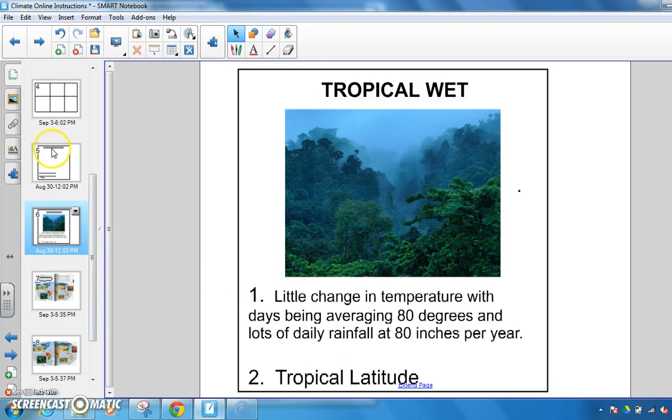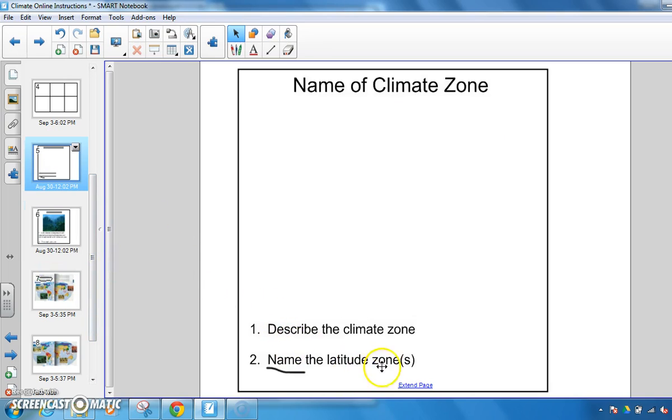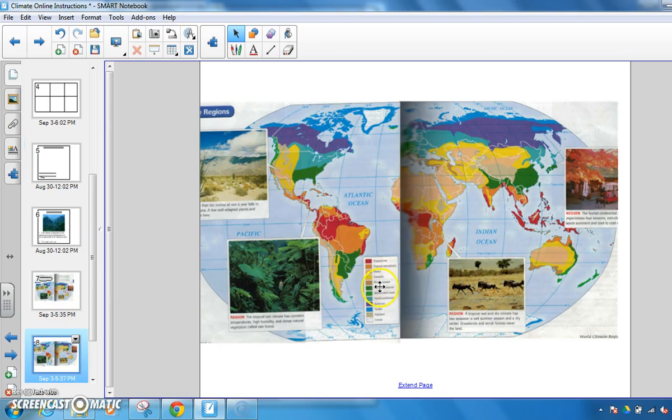Now keep in mind this, I have said that you have to name the latitude zone or zones. So let's use another example. Let's say that you've got a desert climate zone that's here. Well, if I'm looking at my map, I notice that I've got, let me get my pen here, the Tropic of Cancer, that's right here, and the Tropic of Capricorn, which is right here.